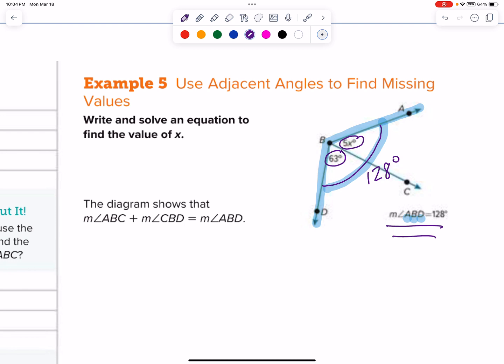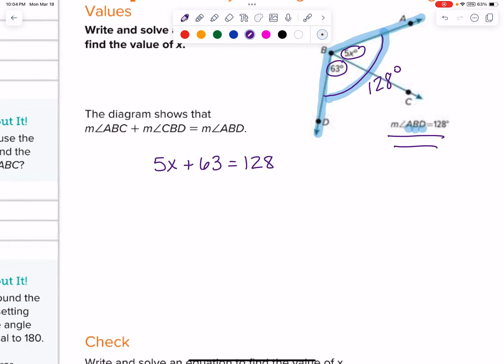So look at the notes I make to help give me clarity. So I have 5x, and you could do 63 plus 5x, it doesn't matter, plus 63 equals 128. Those two angles equal the big angle. All right, let's go ahead and solve for x, just like we normally would do with solving equations. I love how connected everything is from all our past learning. So minus 63 to both sides.